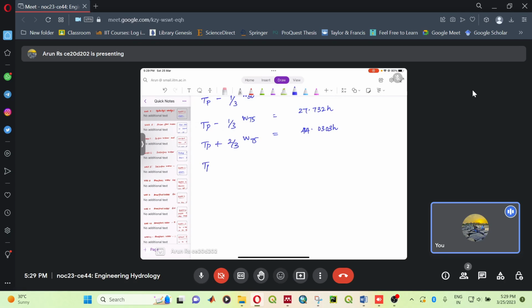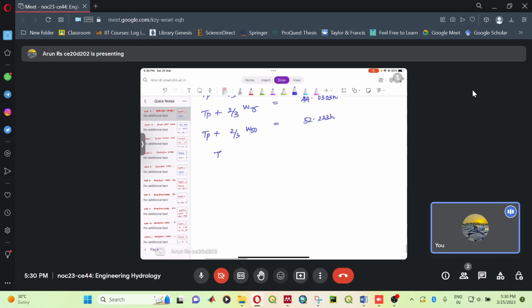The next one will be TP plus 2/3 of W50, 52.223 hours. The last will be the base, where the hydrograph ends, that is the Snyder time base.